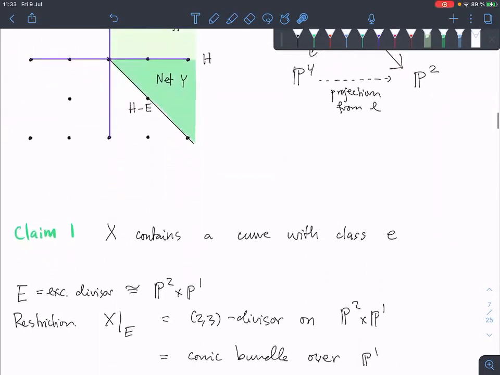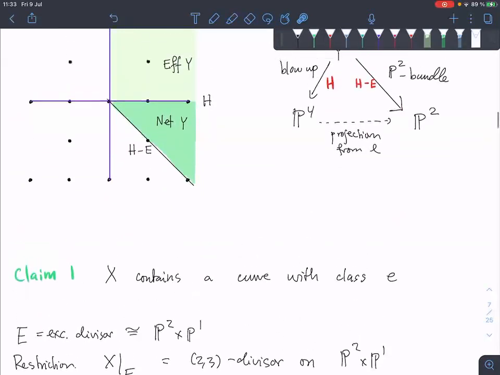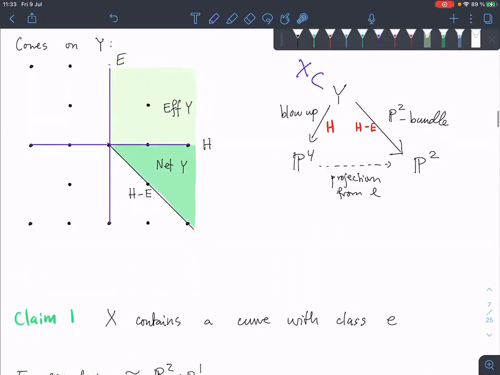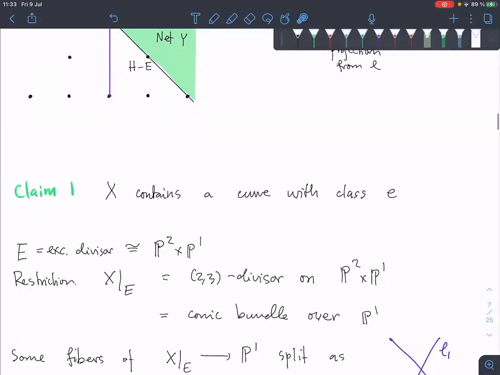But what we're really interested in is X. So X, of course, lives inside here. And basically what we have to do is to see what happens when you restrict these two contractions to X. So the first claim is that X contains a curve which has class E. So E is the exceptional divisor.